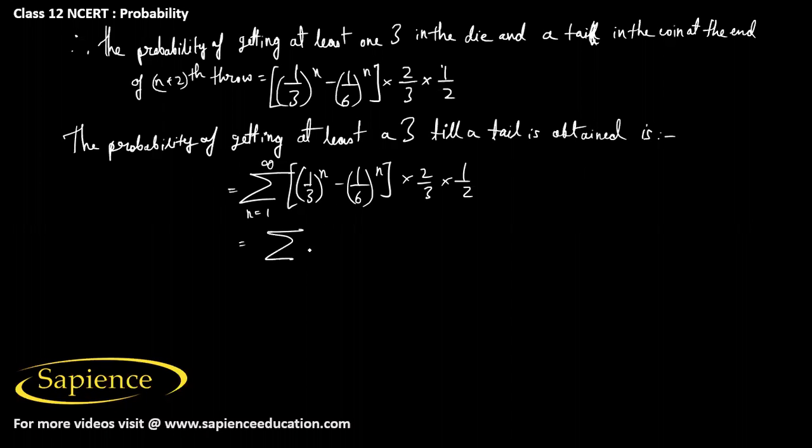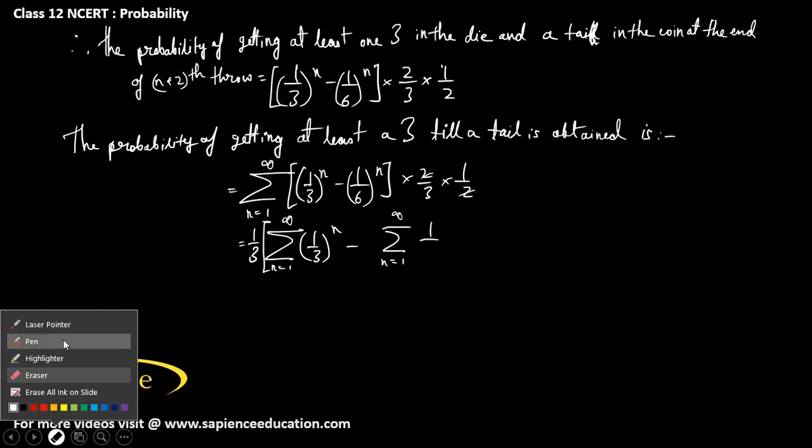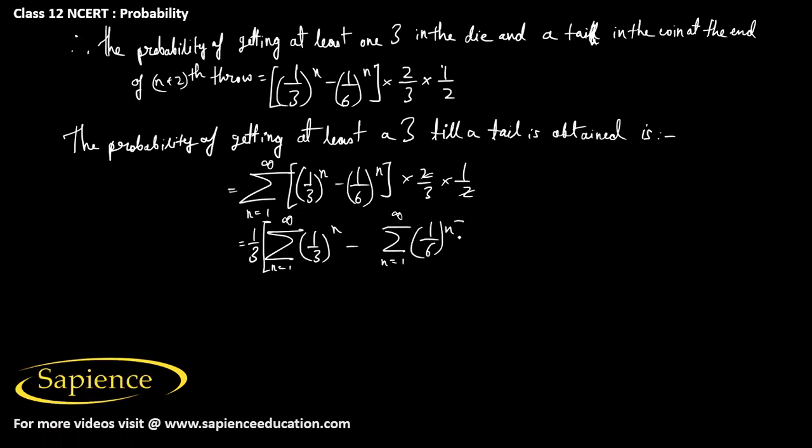The 2 by 3 into half, which is 1 by 3, obviously comes outside since it is a constant. Then I can write the summation of 1 by 3 whole power n, where n goes from 1 to infinity, minus the summation of 1 by 6 whole power n. This will be an infinite GP, and this will also be an infinite GP.